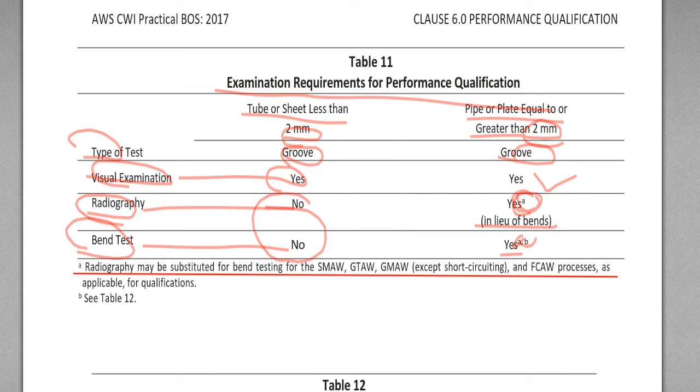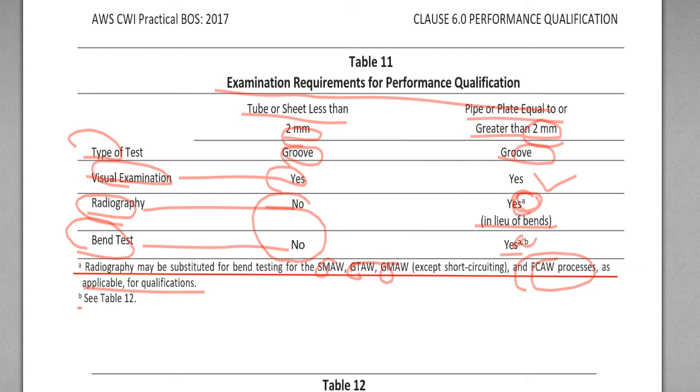RT may be substituted for bend test for the SMAW, GTAW, GMAW, except short-circuiting and FCAW processes as applicable for qualification. For SMAW, GTAW, GMAW, the RT can be substituted by this bend test except this FCAW process and short-circuiting transfer mode.